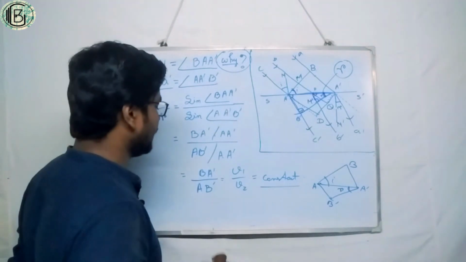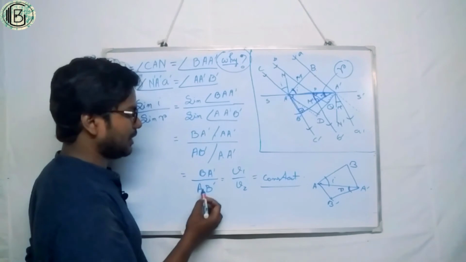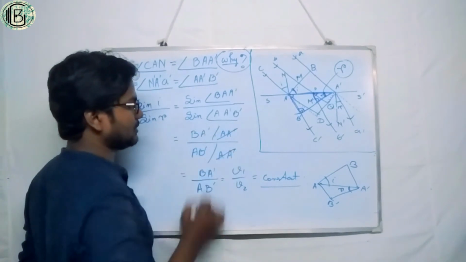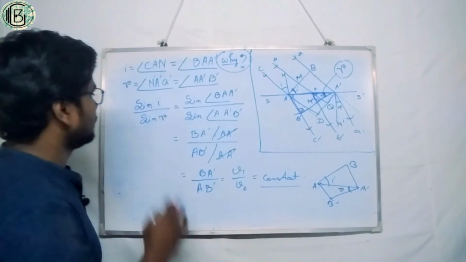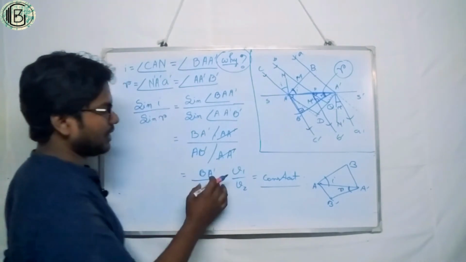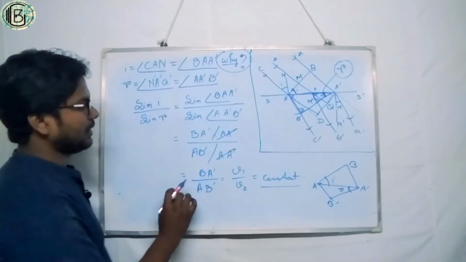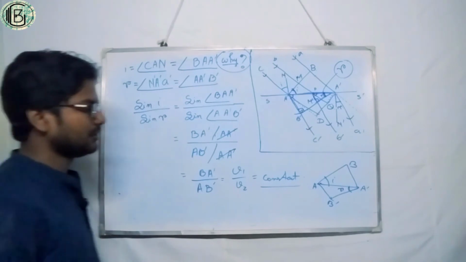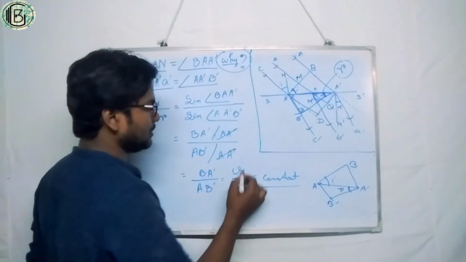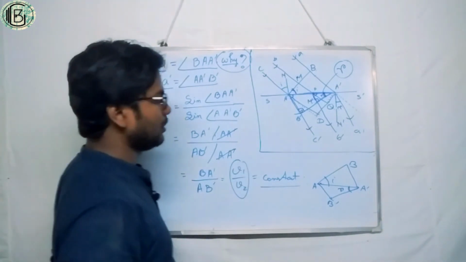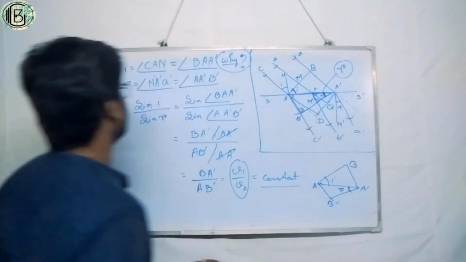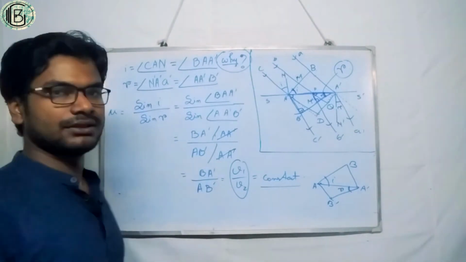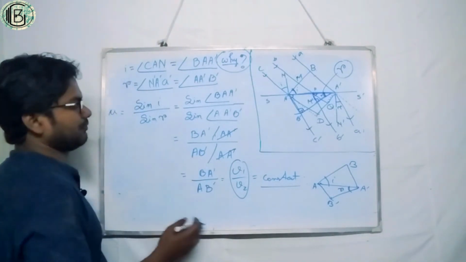So AA prime cancels out, and this equals BA prime by AB prime. As you have already seen, this is equal to V1 by V2. So this is equal to a constant. This was mu, that means the refractive index. So refractive index equals V1 by V2.